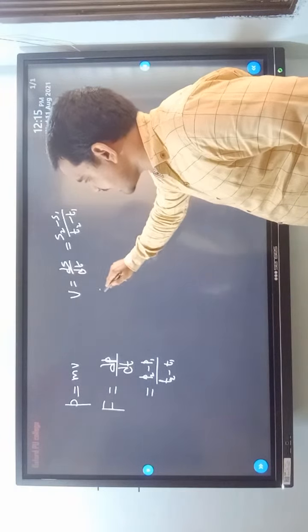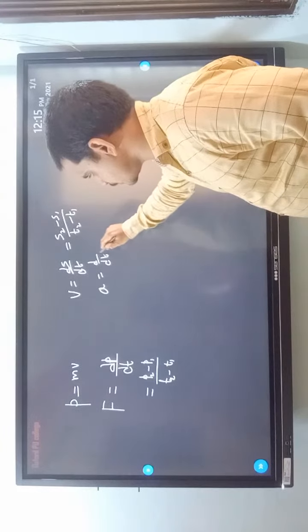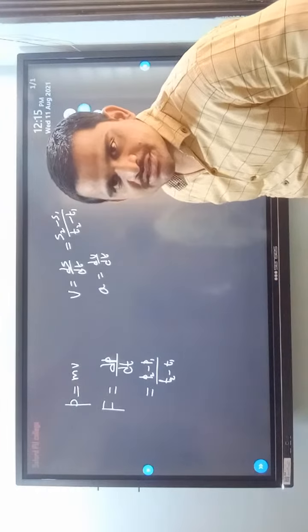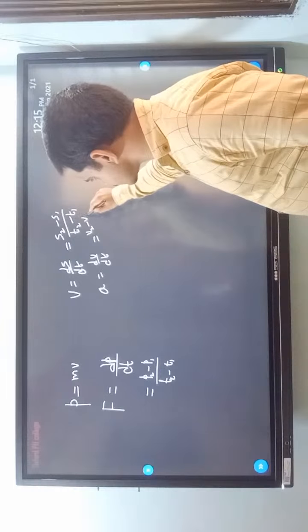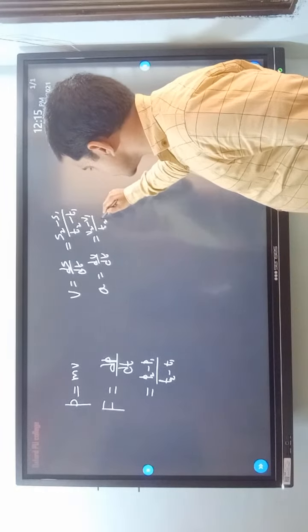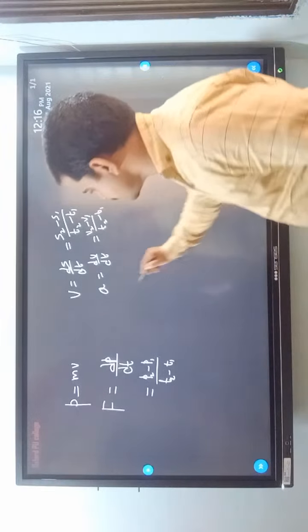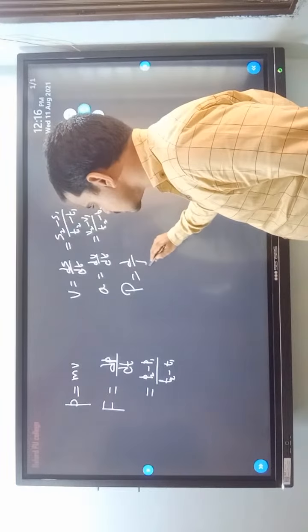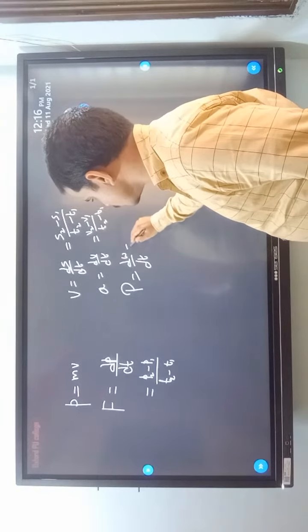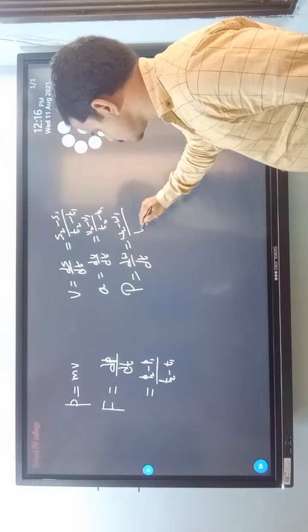Now coming to acceleration. What is acceleration? Rate of change of velocity, which I can write as v2 minus v1 by t2 minus t1. In the same way, we have power also. Power means rate of doing work, which is W2 minus W1 by T2 minus T1.